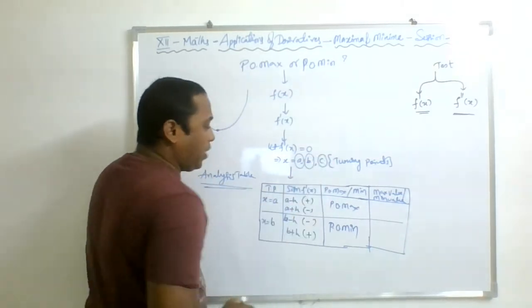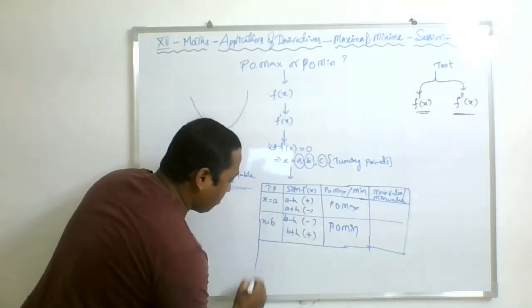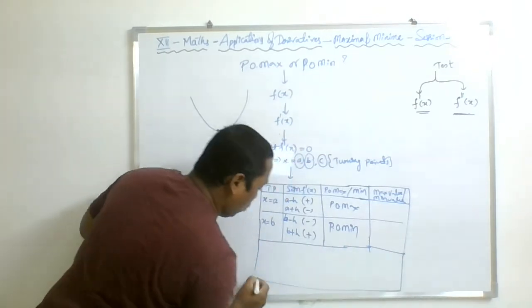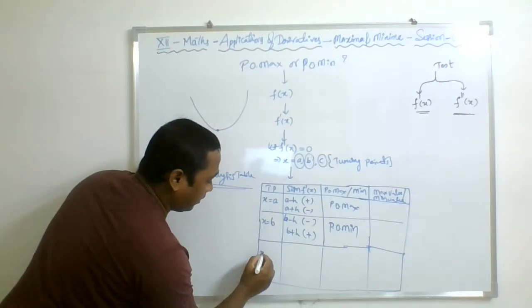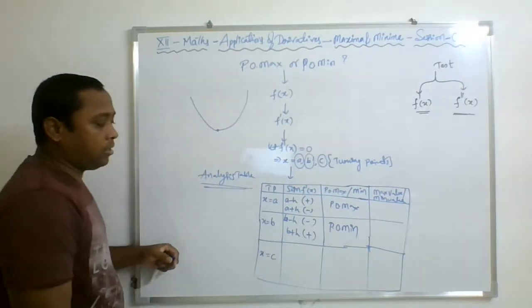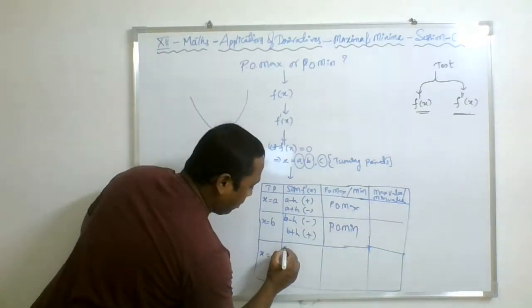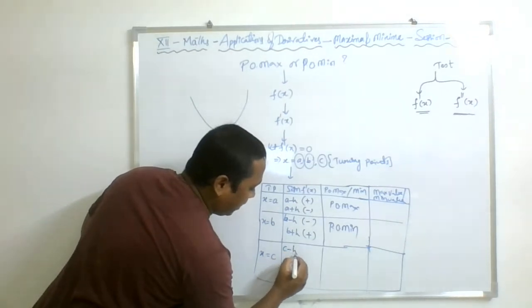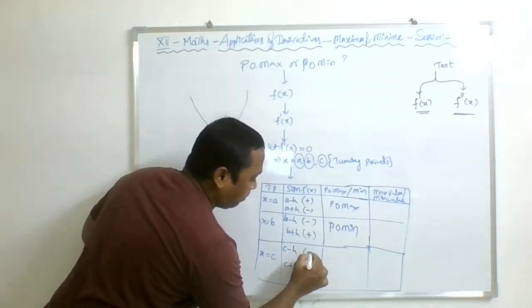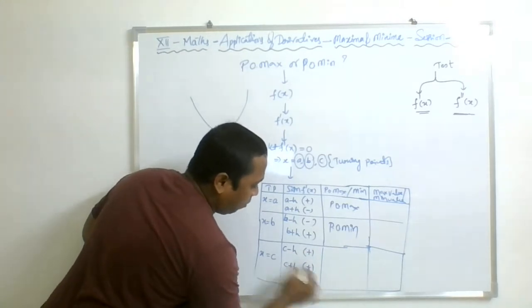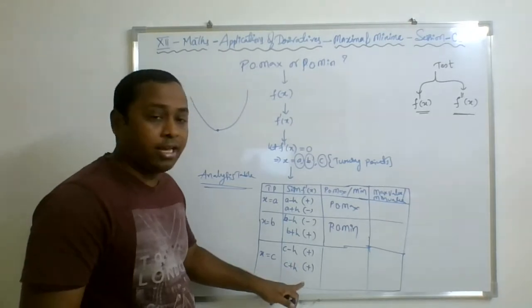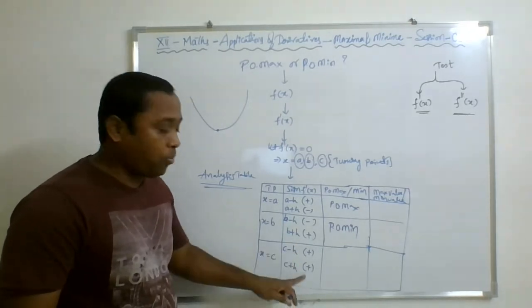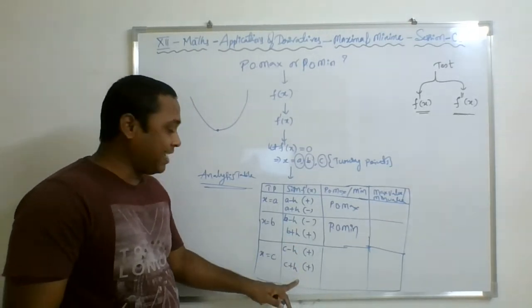So what else? There is a third point c where there is no change in the sign of derivative. Let us see, x is equal to c, the third turning point, and you have taken two values, one on the left and right side of this point, and you have observed that in both the cases the derivative sign remains the same. Either it is positive or it is negative.